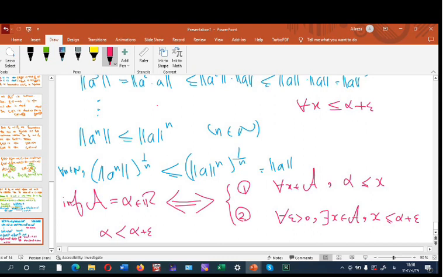We don't have this property, that for any x in A we have this property. The negation of this must hold: there exists an element such that we have the negation of this property.